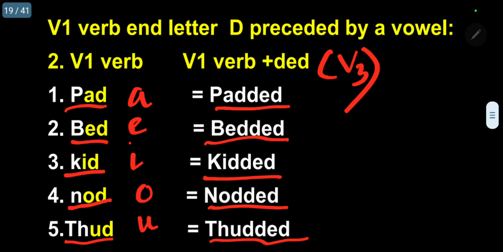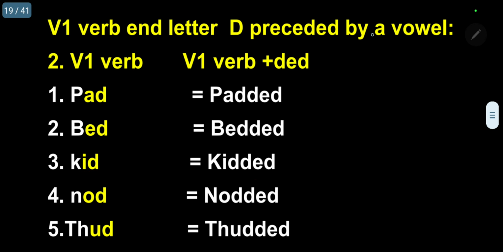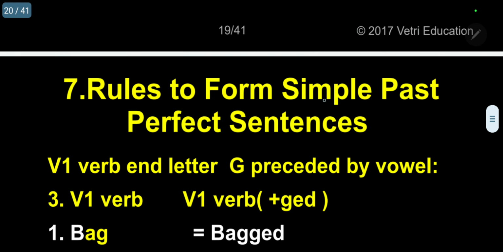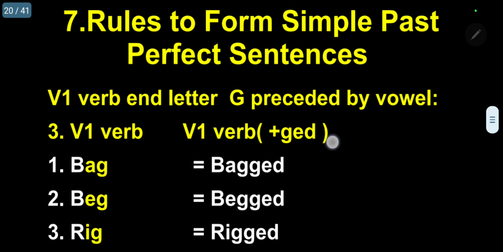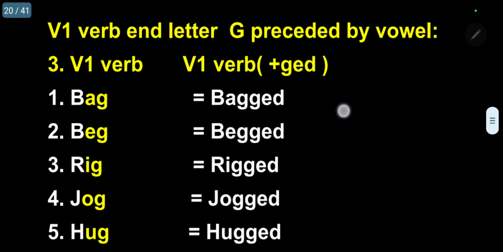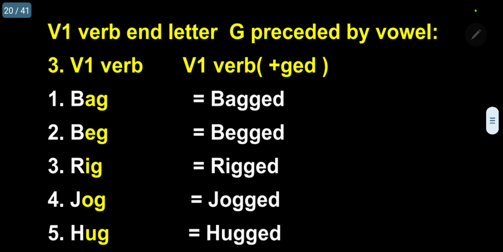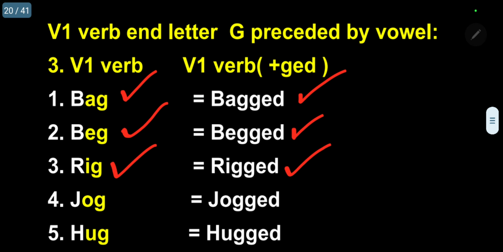Easy to memorize. But these 9 letters you have to memorize. The next letter after D is G. Here I am giving again: bag, bagged; big, bigged; rig, rigged; jog, jogged; hug, hugged.